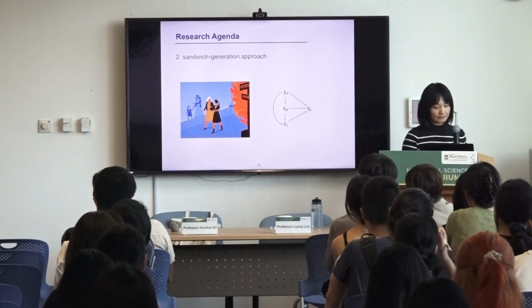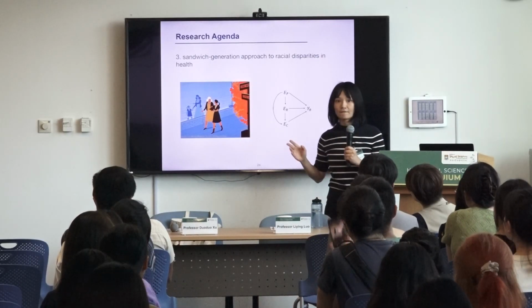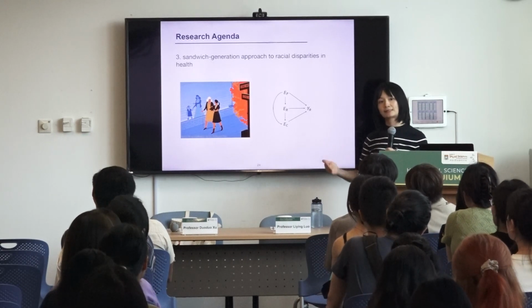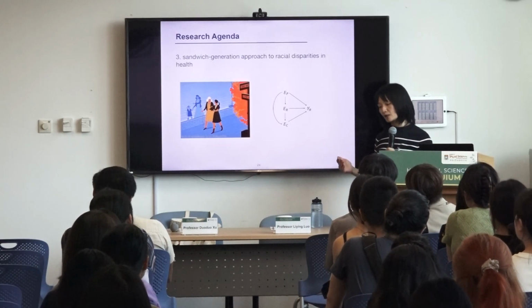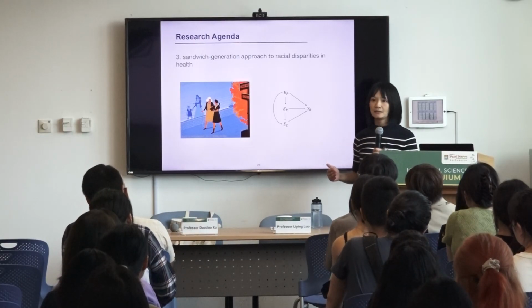And relatedly, in the United States, we know that intergenerational processes are very different by race and ethnicity groups. For example, non-Hispanic Black people experience higher rates of downward mobility.